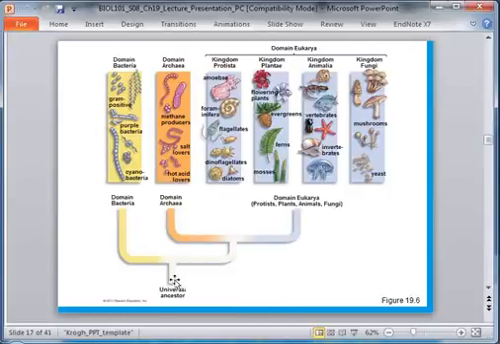The setup is kind of like this. We have that universal ancestor that I was talking about. We get over to domain bacteria, and then we get the split between bacteria and what will become archaea and eukaryotes. Eukaryotes split off from the archaea, and really protists should be kind of at the base here, because these other multicellular large forms of life actually evolved from early protists.